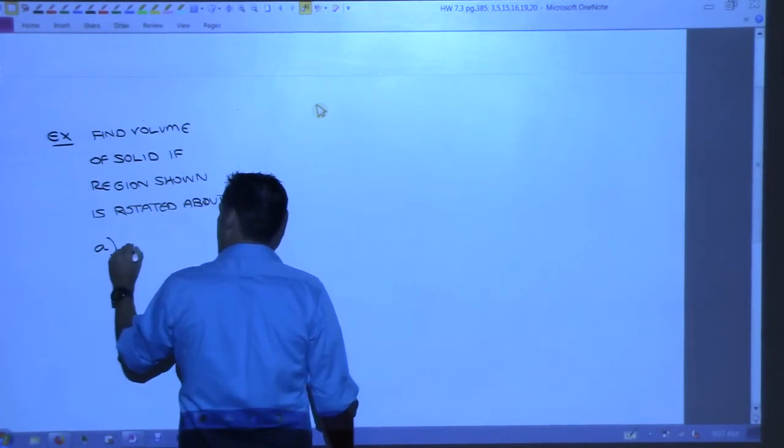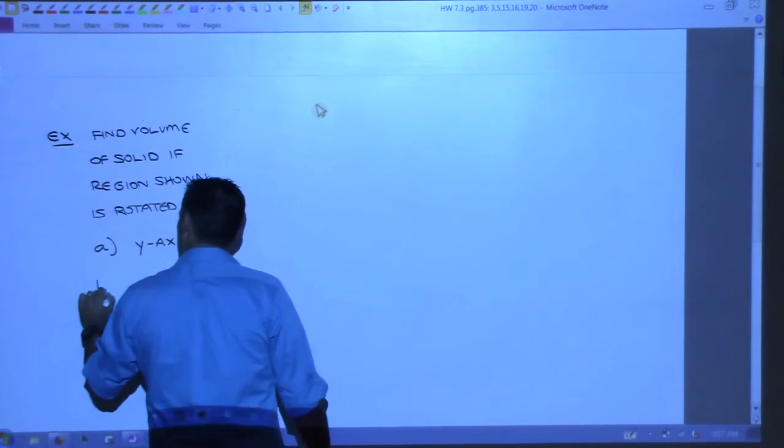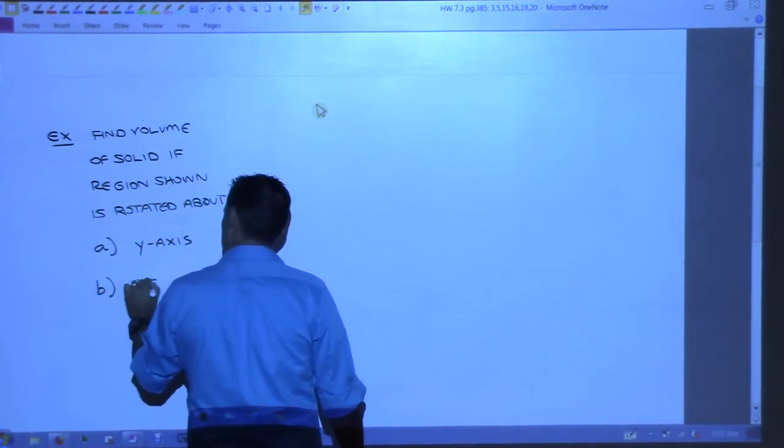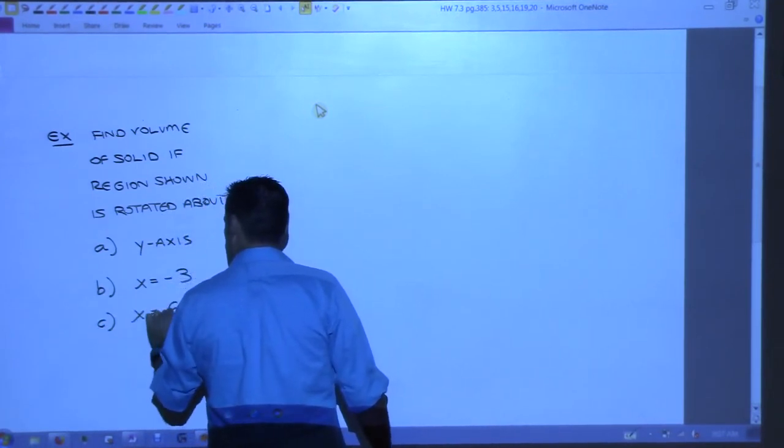Part A, the y-axis. Part B, let's say x equals -3. Part C, x is equal to 6.